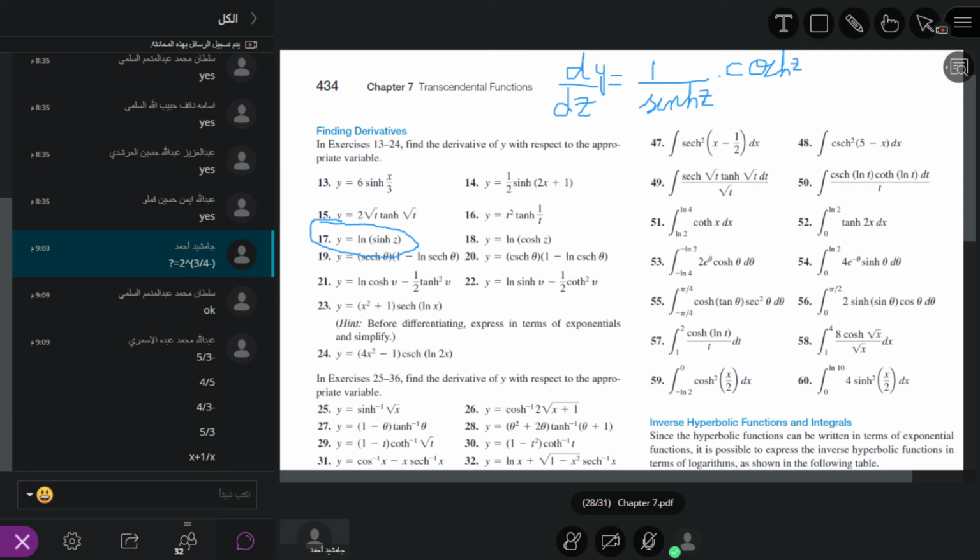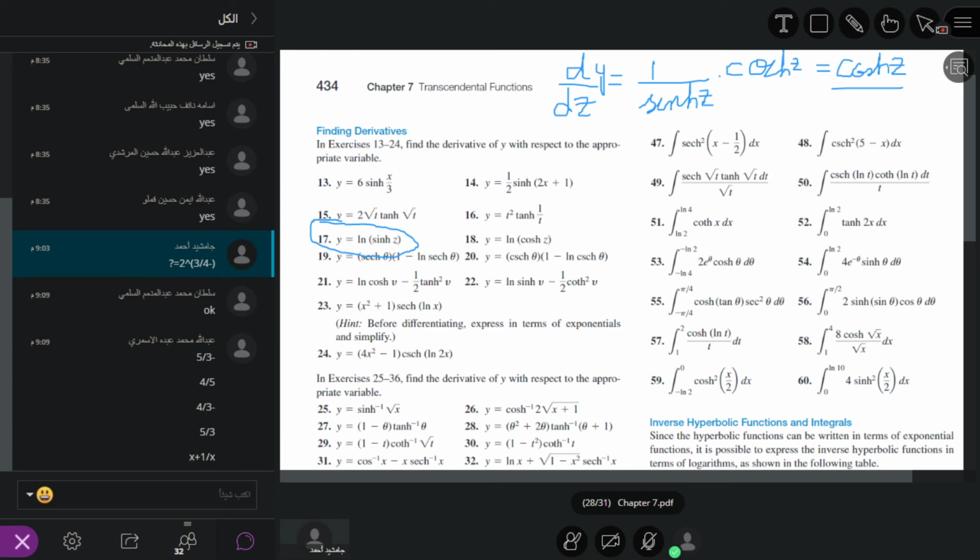So 1 over sine hyperbolic z dot cosine hyperbolic z is equal to cos hyperbolic z over sine hyperbolic z. I write on the side cos hyperbolic z divided by sine hyperbolic z.